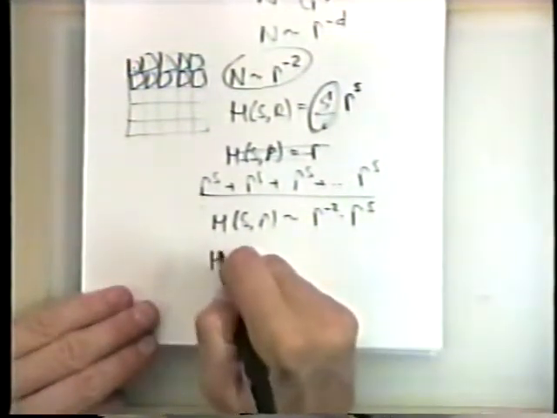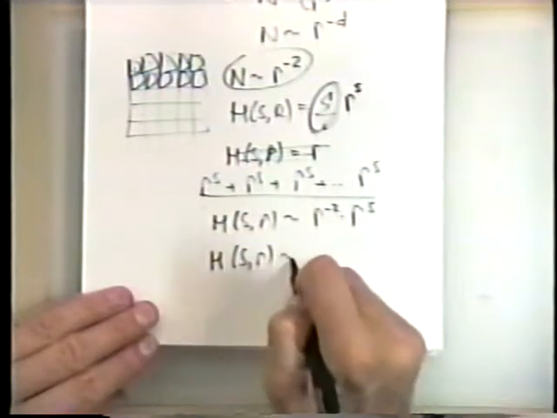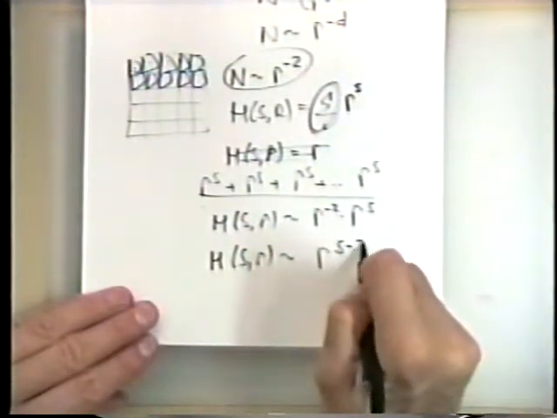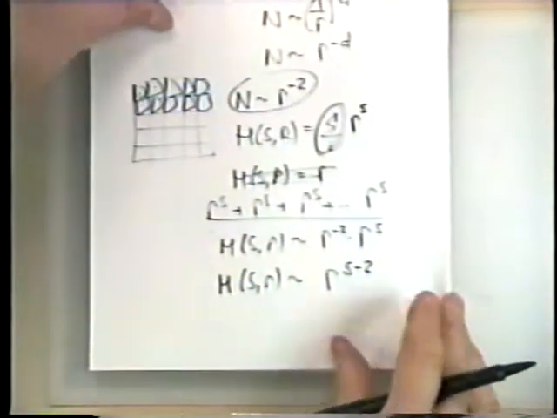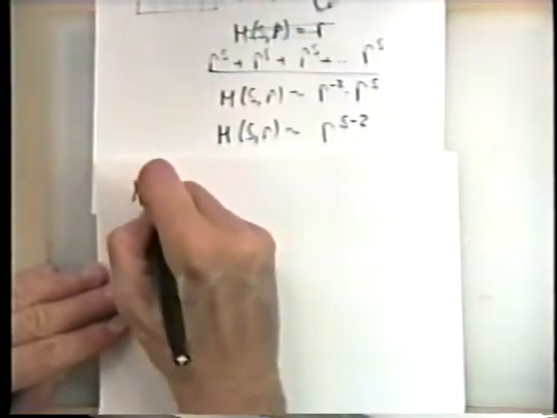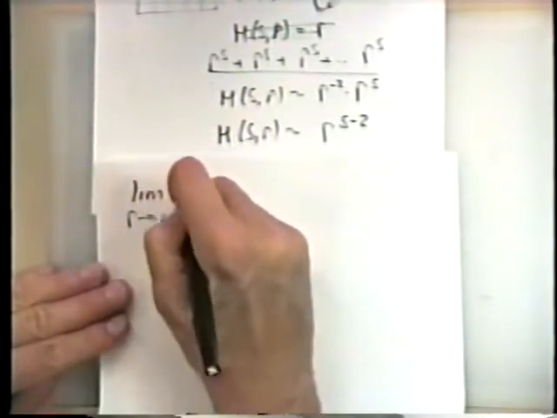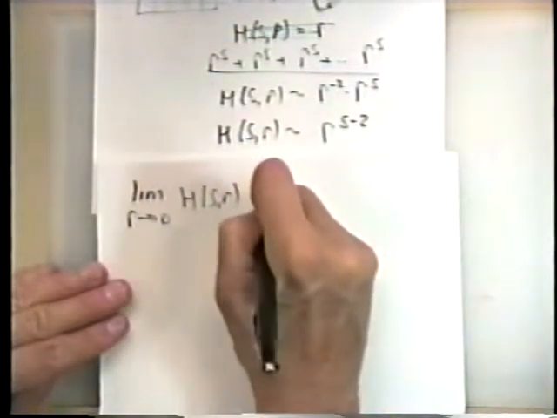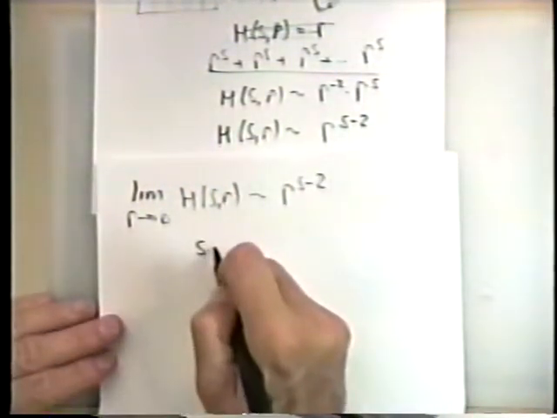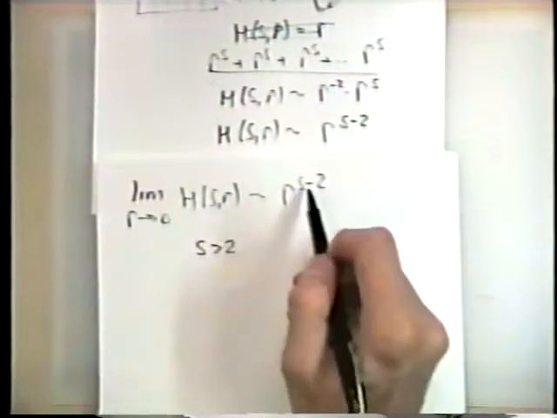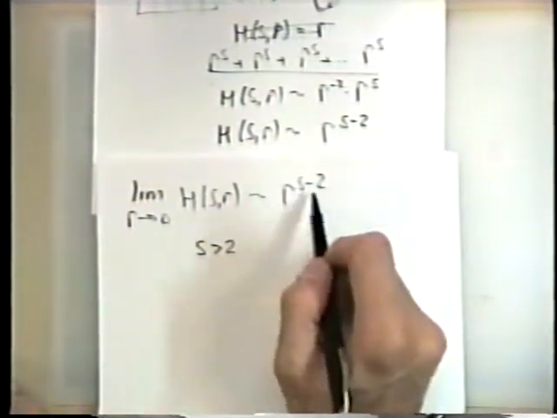So now we have h of s of r goes like r to the s minus 2. So if we get up to the next sheet of paper here, and we now take the limit as r goes to 0 of h of s of r, which is r to the s minus 2, what's going to happen? If s is greater than 2, this will be a positive power.